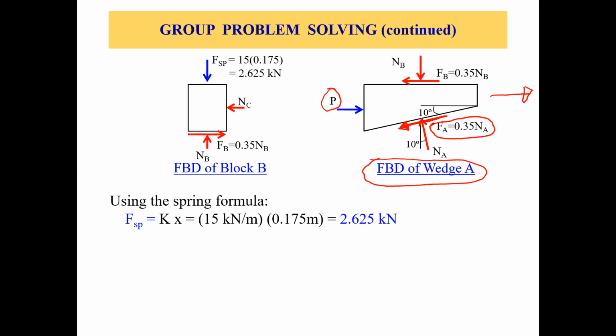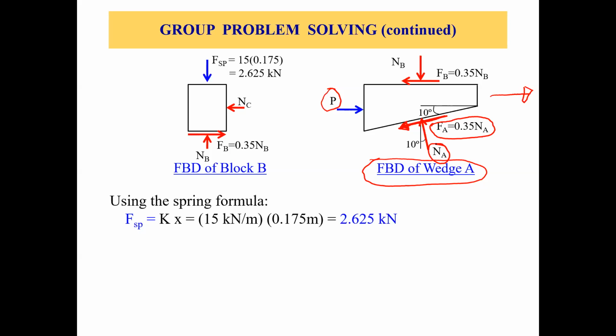This F sub A is parallel to the surface, while N sub A is perpendicular, or normal, to the surface. Okay, so now we are done with the bottom of wedge A.